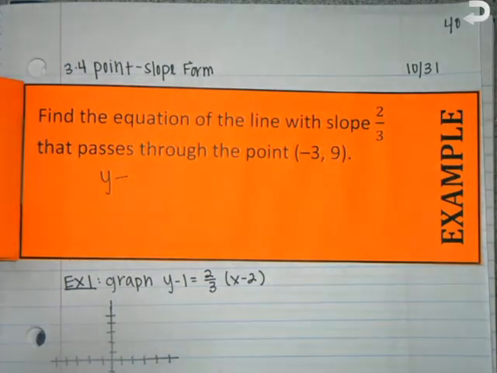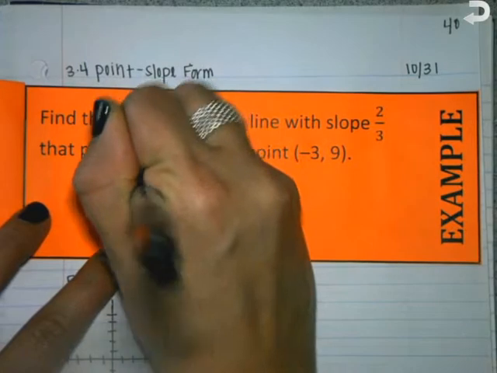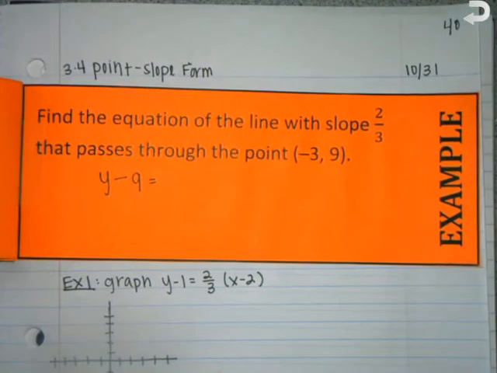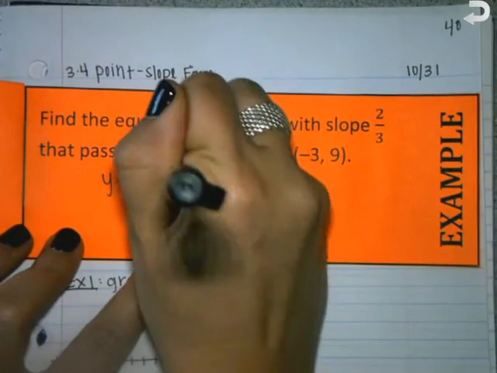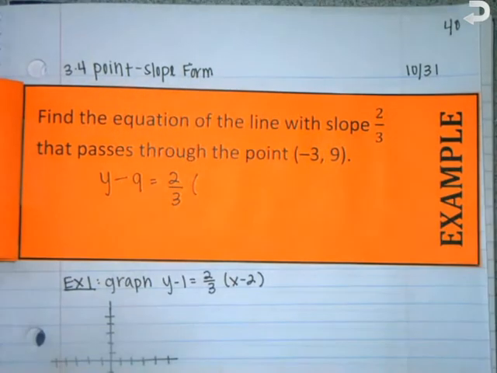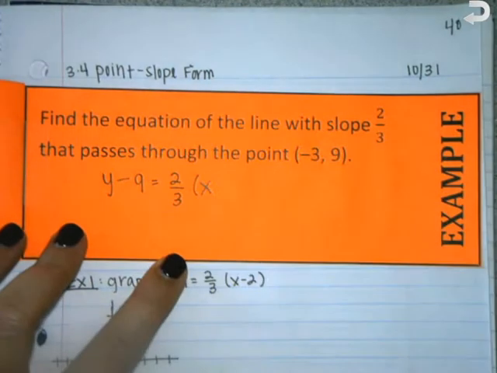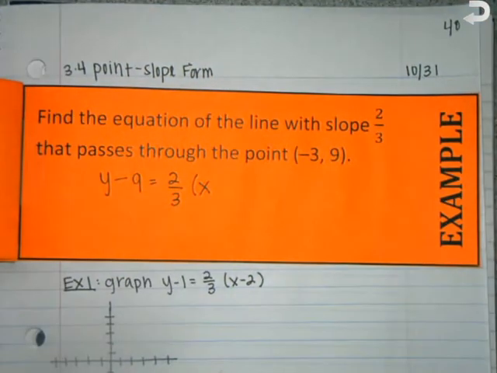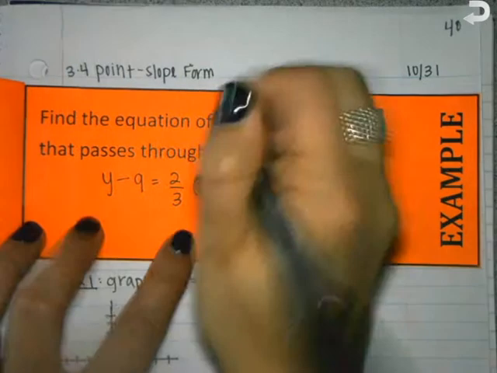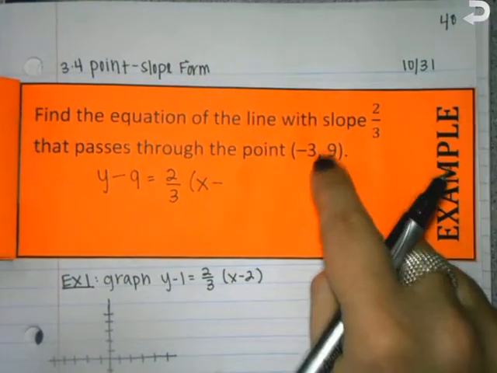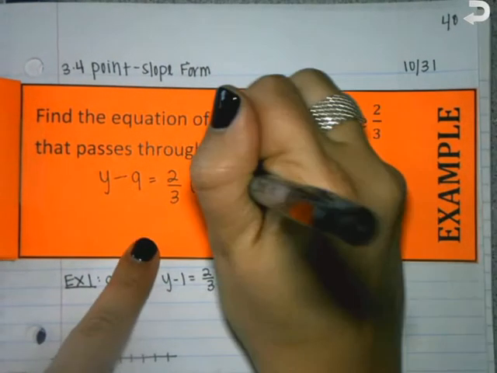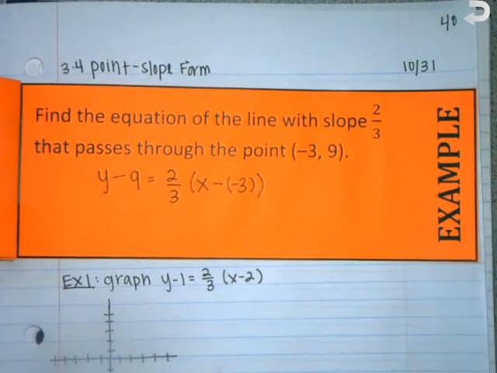What's the y-coordinate, guys? 9 equals, the slope is 2/3, and parentheses, then x minus -3. And then the x-coordinate is what? Negative 3. So stick it in parentheses for me.